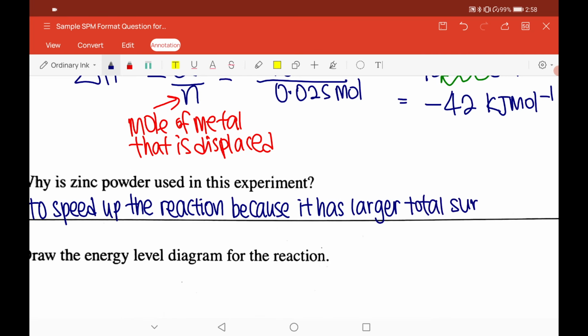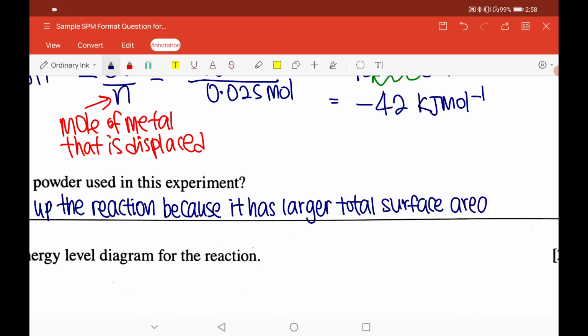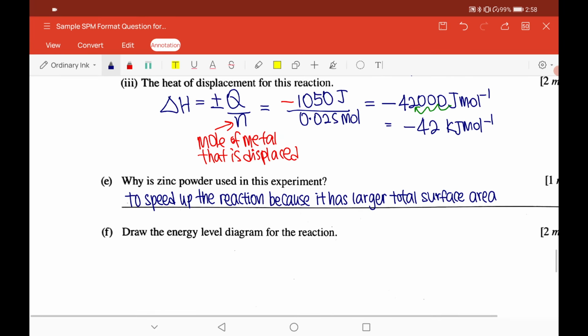When we use powder form, the surface area is greater. When we have more area, we have more collision.